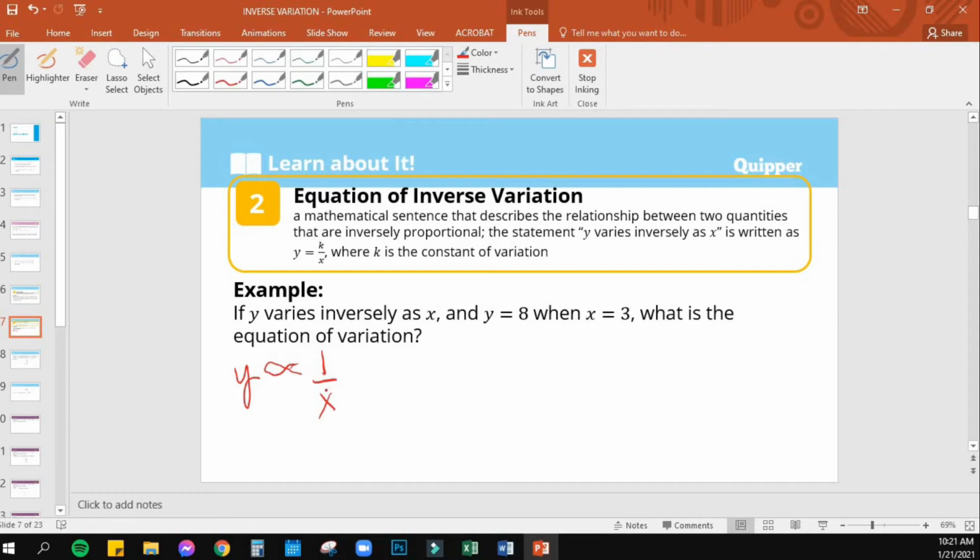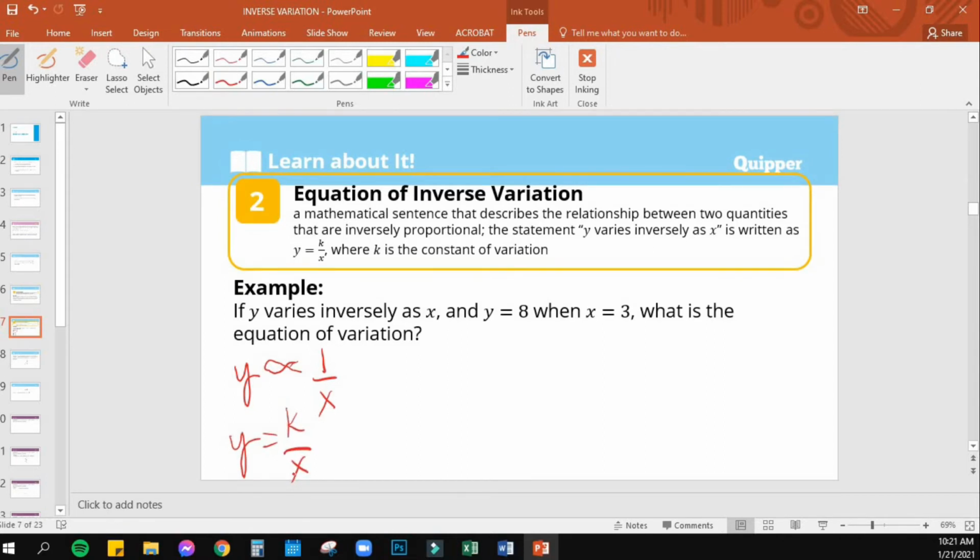So if you are going to write this into an equation, it is written as y is equal to k over x. So that is one equation wherein there is an inverse variation. If y varies inversely as x, it is written as y is equal to k over x.